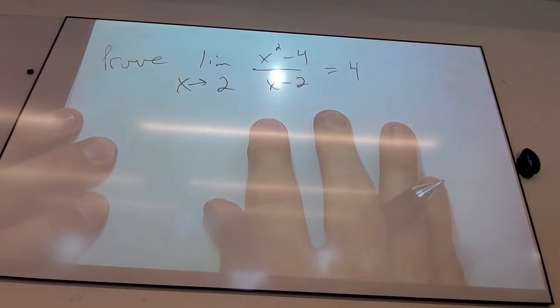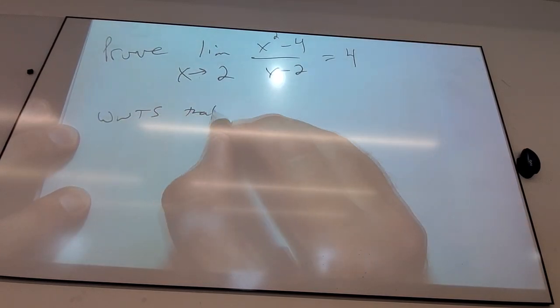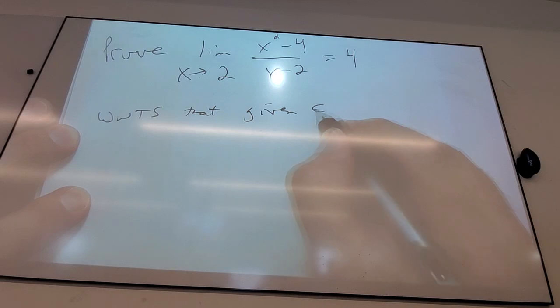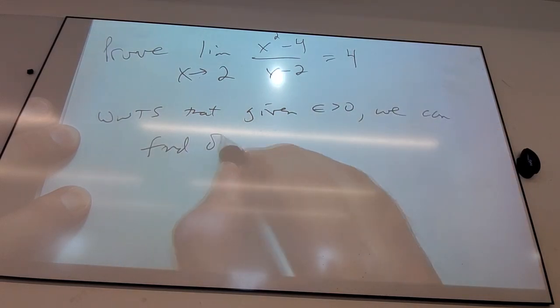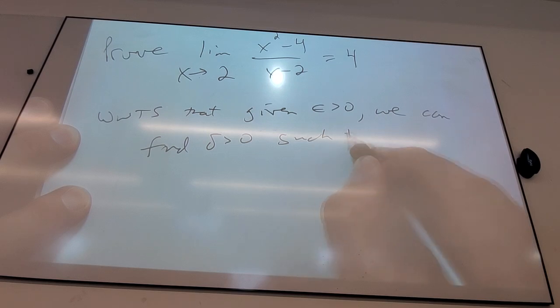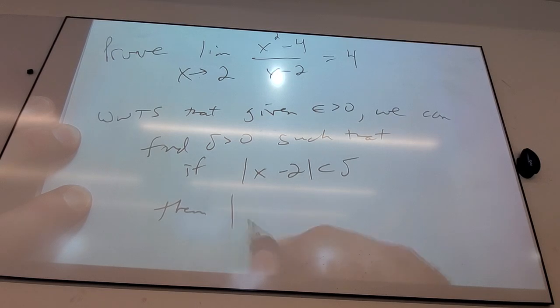So in order to prove this, we want to show that given epsilon greater than 0, we can find delta greater than 0 such that if absolute value of x minus 2 is less than delta, then absolute value of f of x minus 4 is less than epsilon.